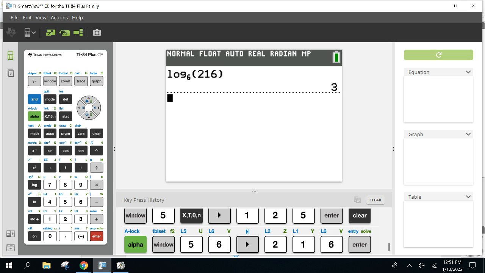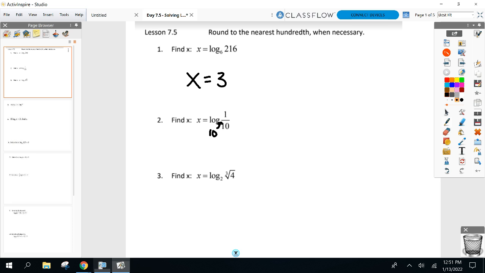Or you can go to alpha window again and just type in 10. But if no base is showing, you assume a 10. And we get what here? Negative 1. Everyone comfortable with the alpha window or the log button? I don't want to go too fast. I want to make sure we're good because I know this is easy so far.